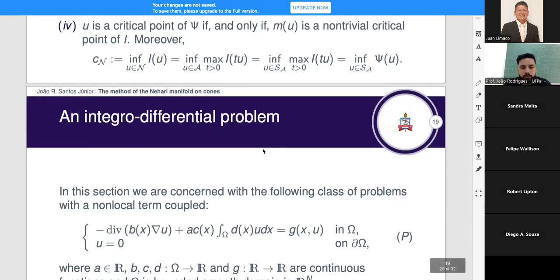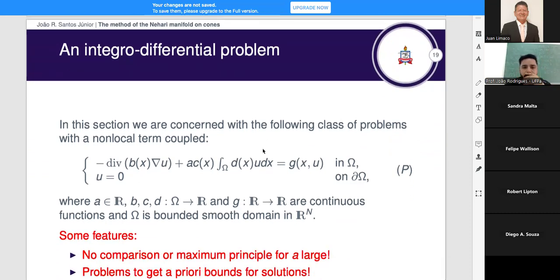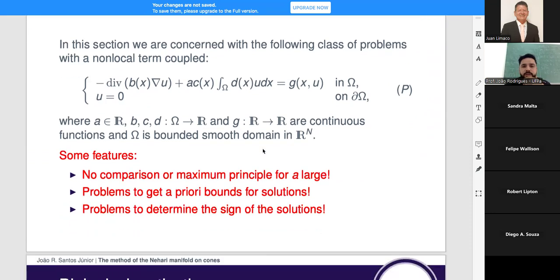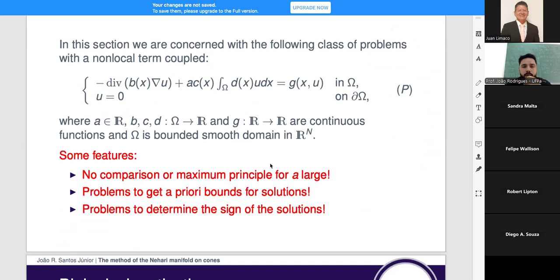Okay, so we can provide some applications of this abstract result. For example, I have a few minutes, so let me tell you just some words about this application.